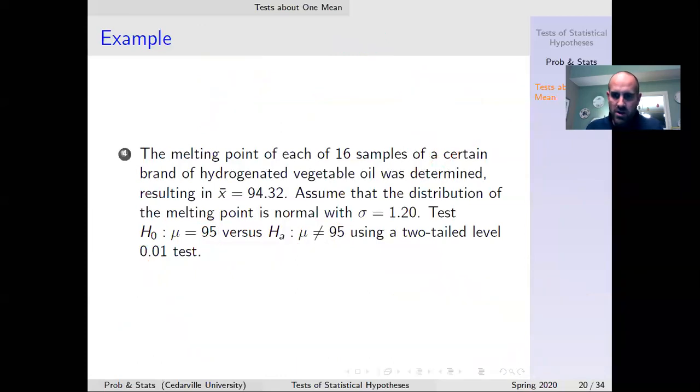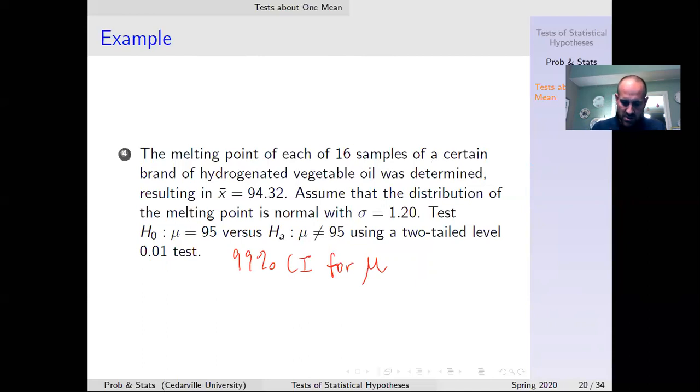Here I had a 0.01 test. So what if I made a 99% confidence interval for the mean mu, which is unknown to us?